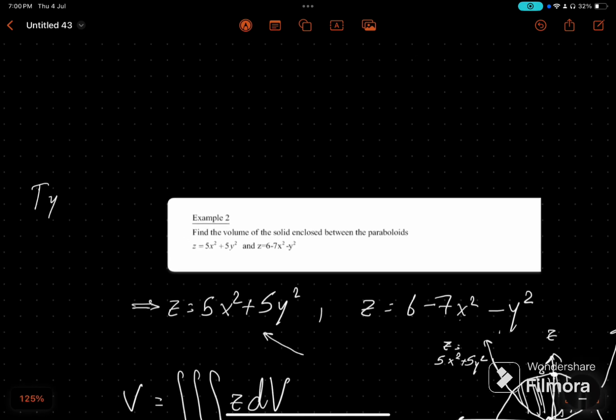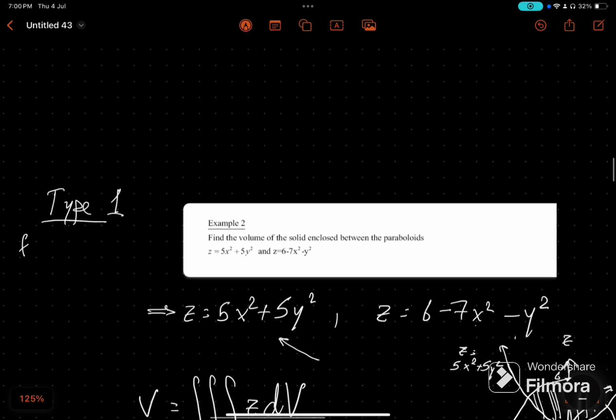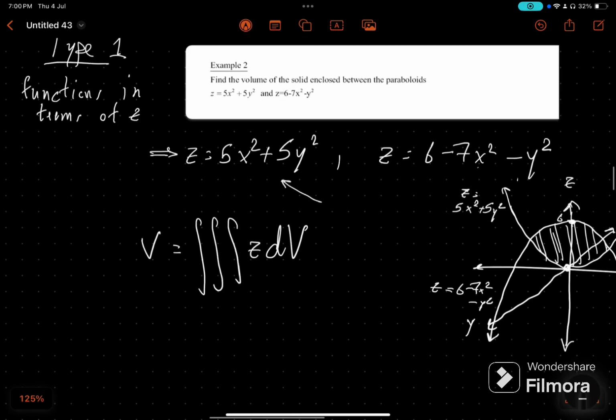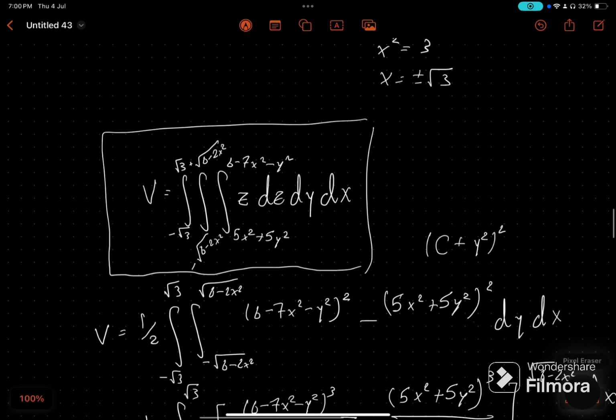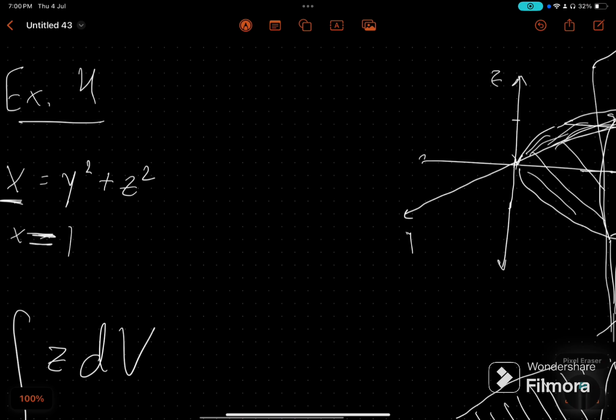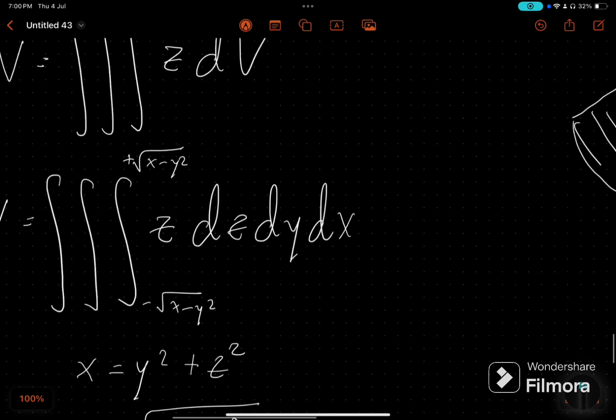So type 1 has functions in terms of z, and in type 2, we're going to have functions in terms of x.